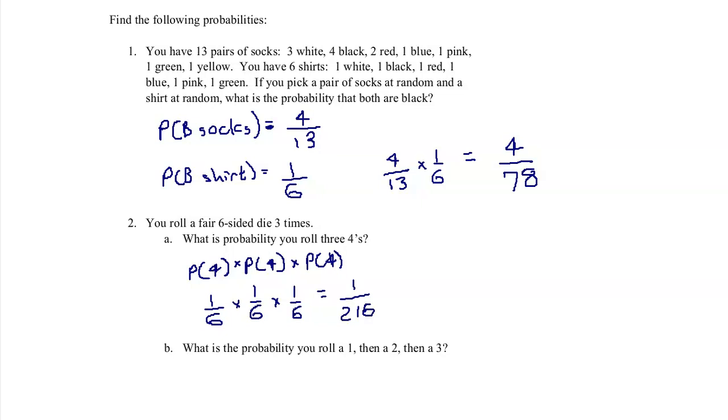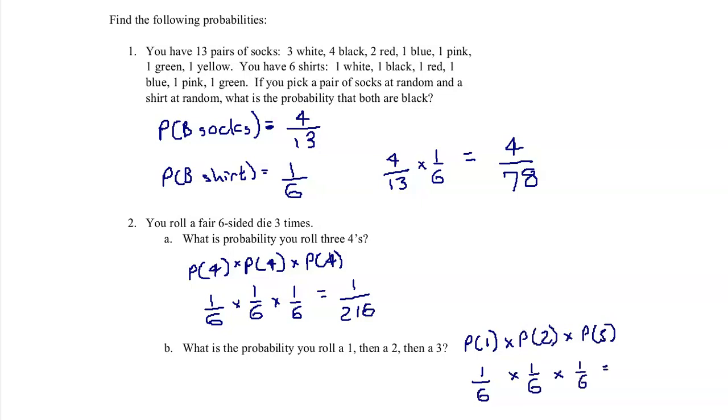So what about the probability that you roll a 1, and then on your second roll you roll a 2, and then on your third roll you roll a 3? Again, these are independent events, so it's going to be the probability you roll a 1 out of 6, 6 possible rolls, only one of them's a 1, times the probability you roll a 2, which is again 1 out of 6, times the probability you roll a 3, which is also a 1 out of 6.